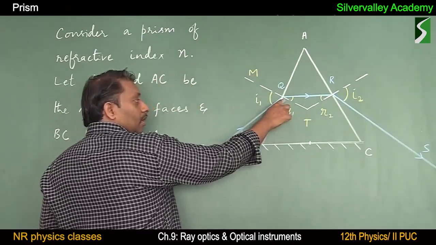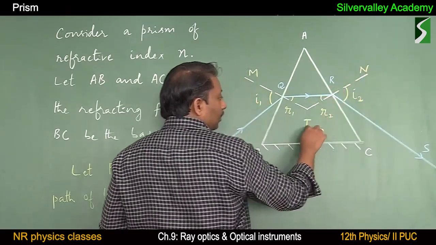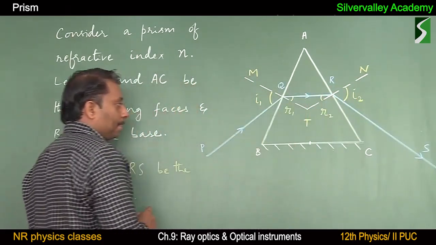MT is the normal drawn at this point. NT is the normal drawn at this point.